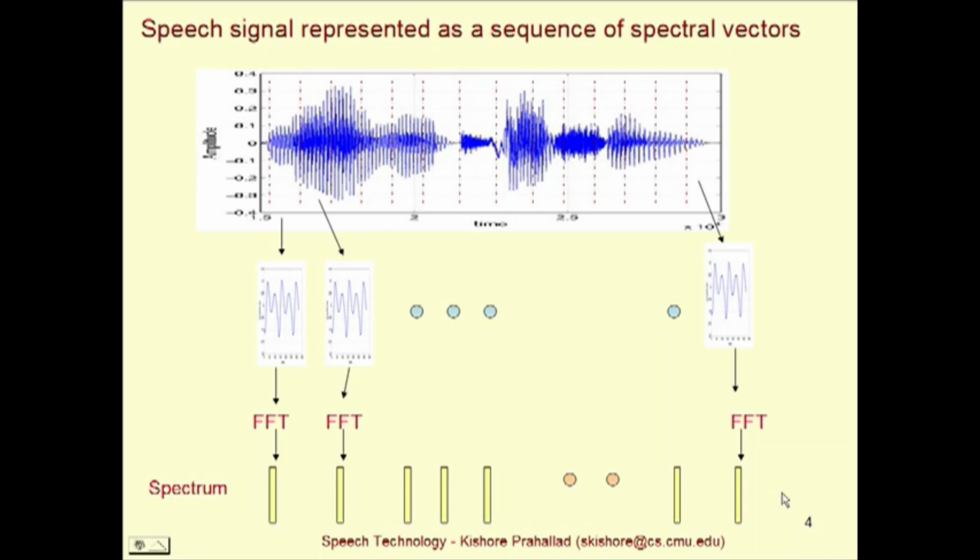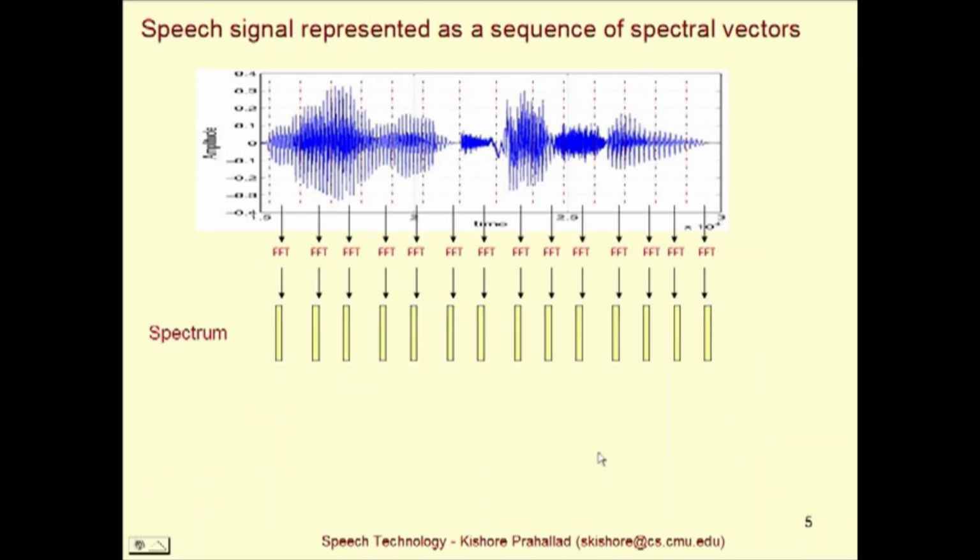So let's understand a bit more out of it. There is a speech signal and there is a short analysis window. It goes through FFT. You get the spectrum here.